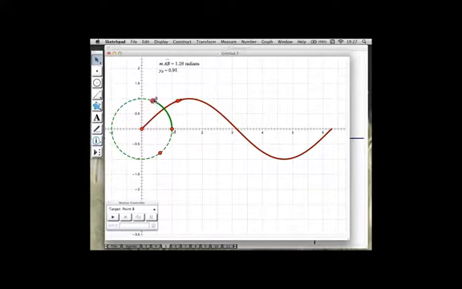We can also, instead of just tracing this point, actually construct this as a locus. So by selecting point B, which drives the plotted point, and the plotted point itself, and so you see this clearly, I'm going to erase the traces for the moment and actually construct that locus.